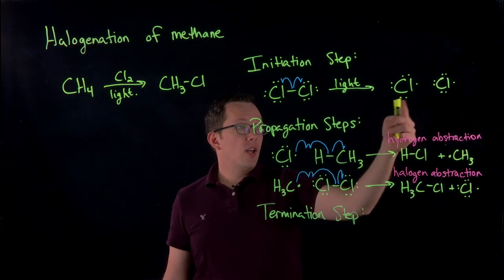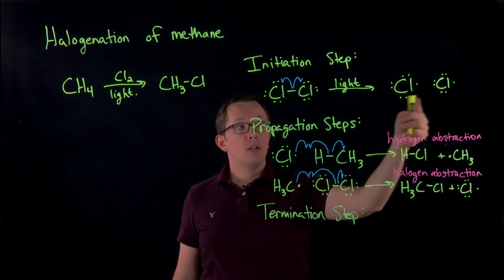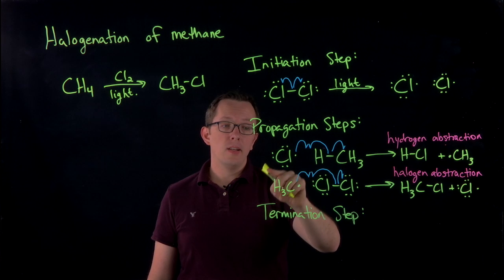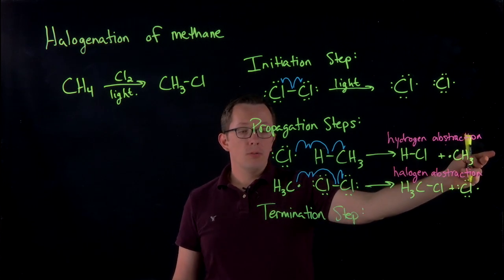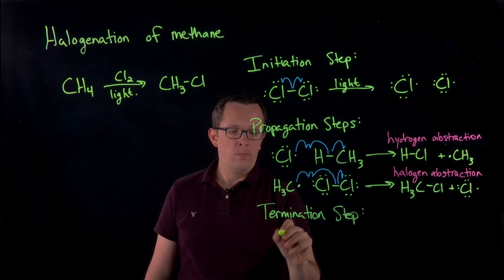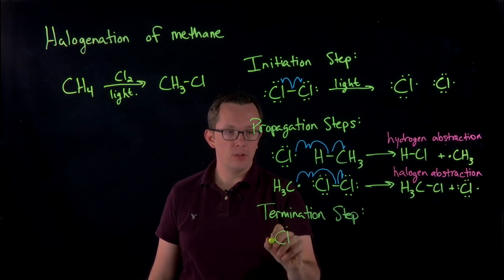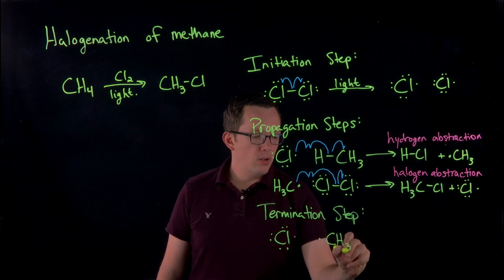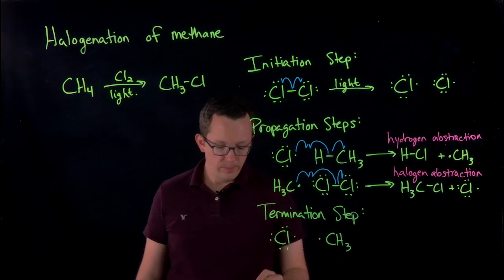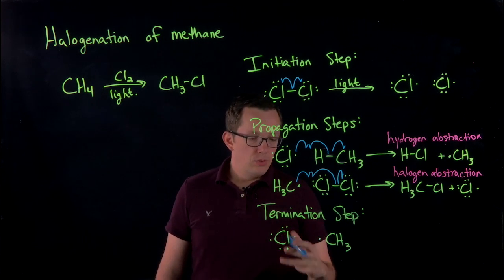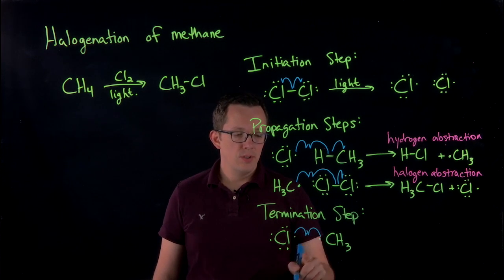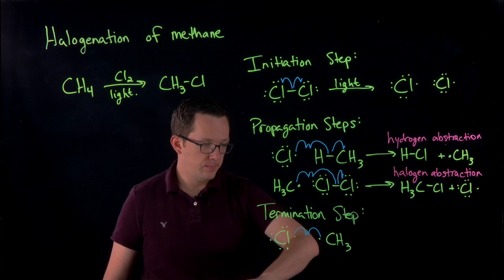So we could say a termination step would be recombining two chlorine radicals. You could combine a chlorine radical with a methyl radical. So we'll do that one. So we're going to take one of our chlorine radicals and we're going to react it with a methyl radical. And so drawing in our arrows, we're just going to draw these two radicals together, forming a bond.